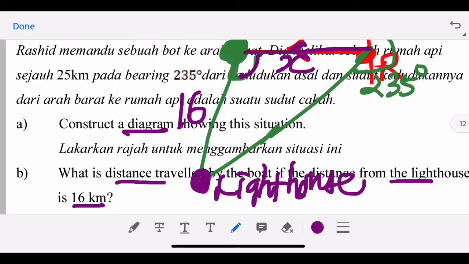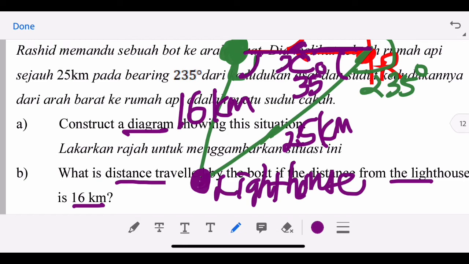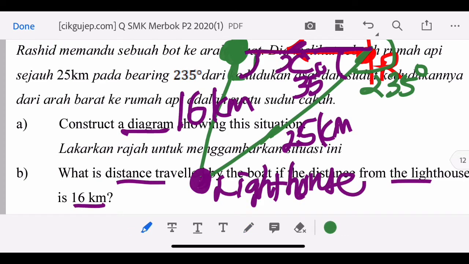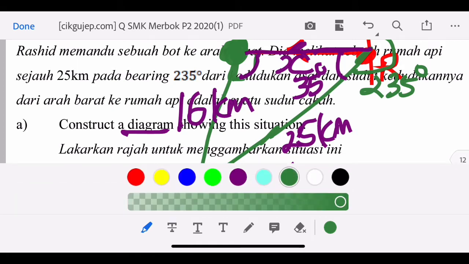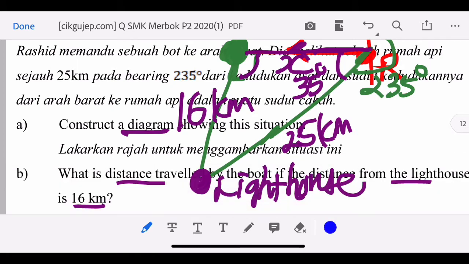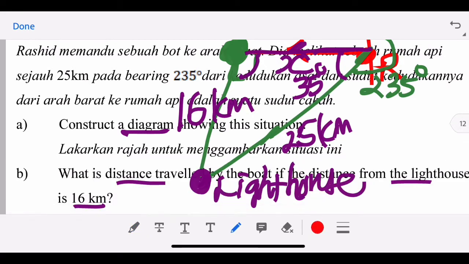So we actually have the distance here 25 kilometer, this 16 kilometer, and this angle I'm sure you know how to find. This is west, so this is 270 minus 235. Now we can find x using the cosine rule, because you cannot use the sine rule, so we are going to use the cosine rule.